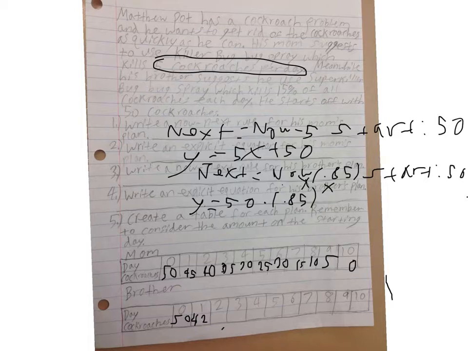Day 2 would have 36 cockroaches remaining. Day 3 would have 30 remaining. Day 4 would have 26. Day 5 would have 22. Day 6 would have 18. Day 7 would have 16. Day 8 would have 13. Day 9 would have 11. And day 10 would have 9.